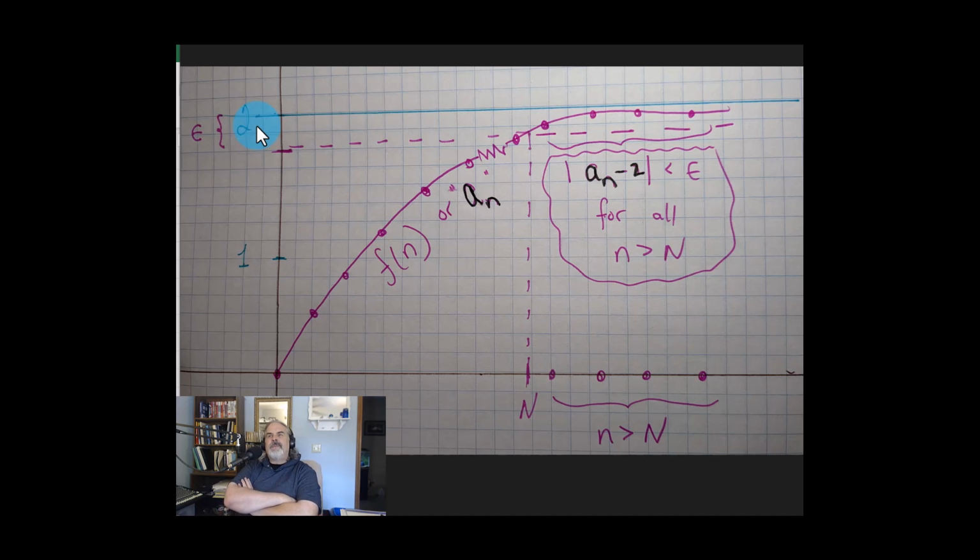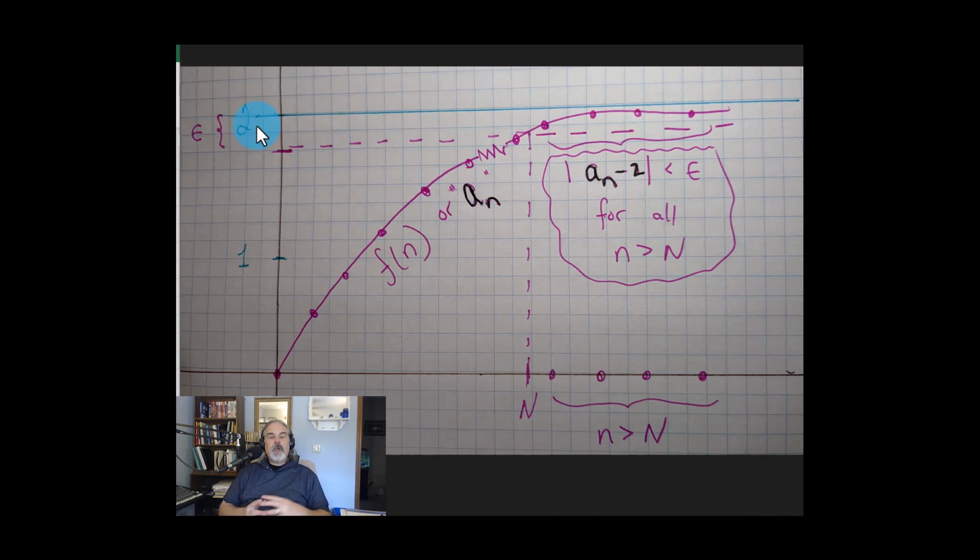I want you to get me within 0.0001 of 2. And we would be able to say, calculate, okay, as long as we go out to values of the input bigger than 67,594, the result of this 2n over n plus 5 is going to be within 0.0000 whatever of 2.